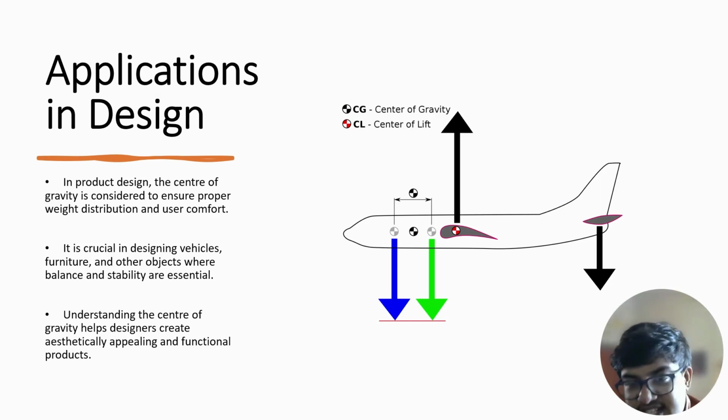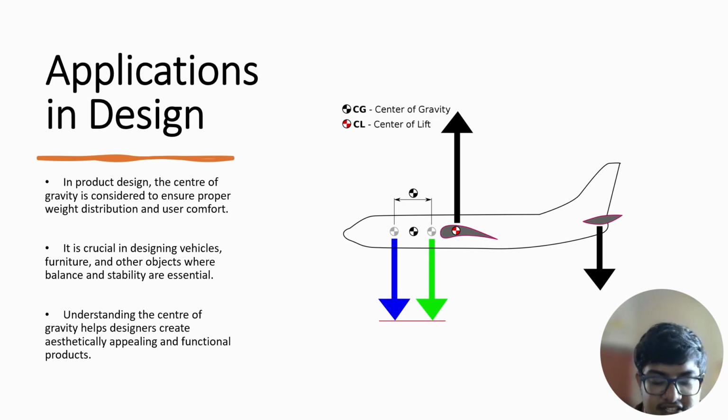Applications in design. In product design, the center of gravity is considered to ensure proper weight distribution ratio for comfort purposes and more. It is also crucial in designing vehicles, furniture and other objects where balance and stability are very important.